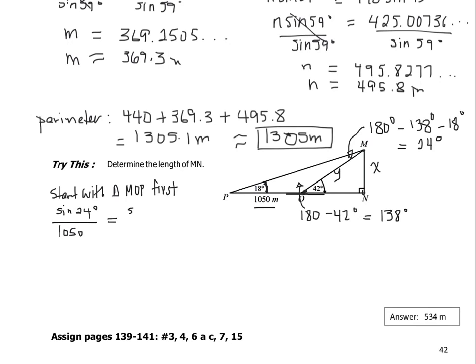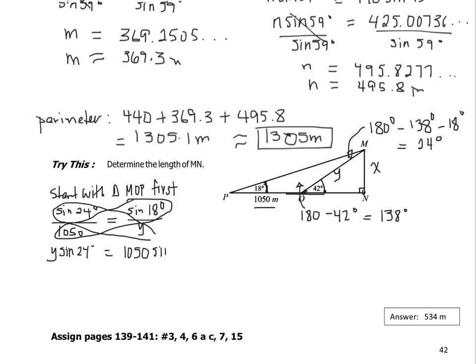So that's why I picked that one. So sine of 18 over y. If we cross multiply that, then the law of sines says that they should be equal to each other. So y times the sine of 24 equals 1,050 times the sine of 18.